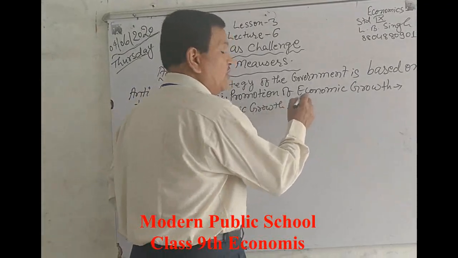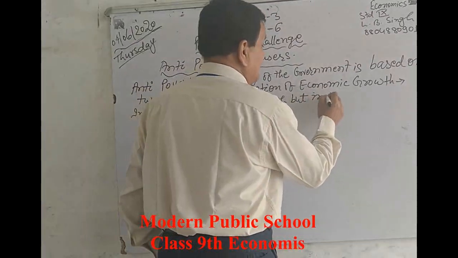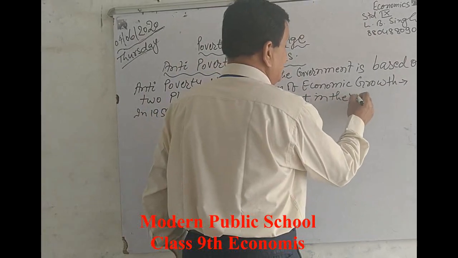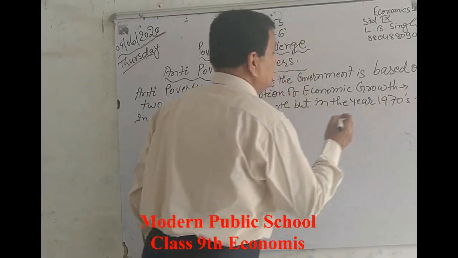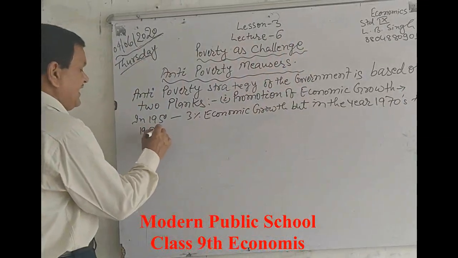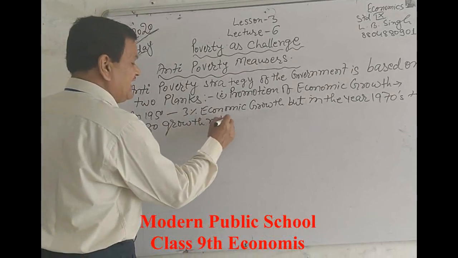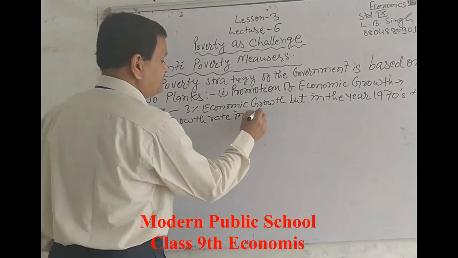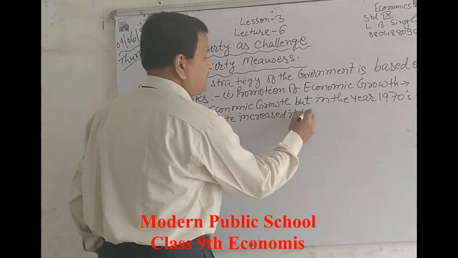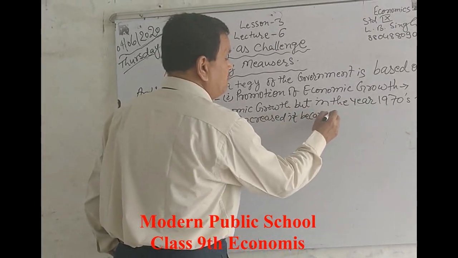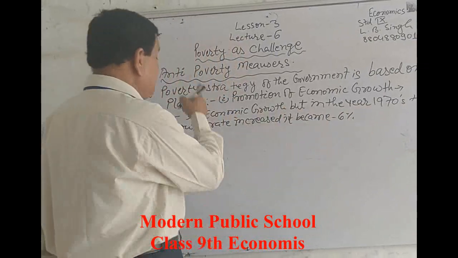But the government tried to improve it, and in the years 1970s to 1980s, the growth rate increased. It became 6% instead of 3%.